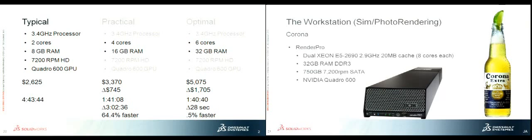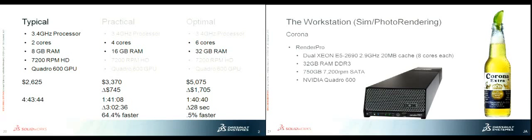And then these deltas are off of this, so your optimal is compared to your practical is compared to your typical. All right? Keep that in mind. Also, all these numbers are ballpark numbers. It's going to depend on your vendor, on what kind of discounts you get, and on the quality of the hardware that you get. All of that's involved. Just remember, we're talking about ballparks, right?